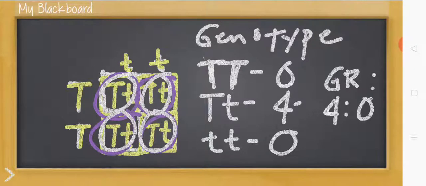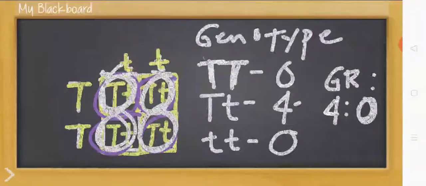And then, wala po tayong ibang genotypes na nandyan. So, that is equal to 4 is to 0. Now, that is for our first filial generation. Okay? So, itong mga offspring na nandito, yung 4 na na-produce na yan, that is for our F1 or the first filial generation.